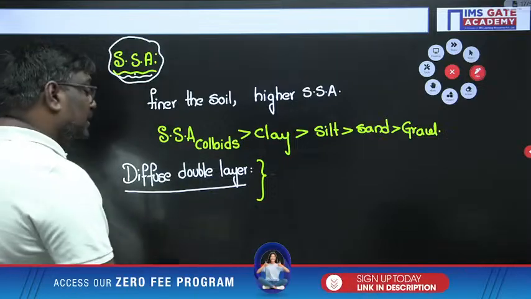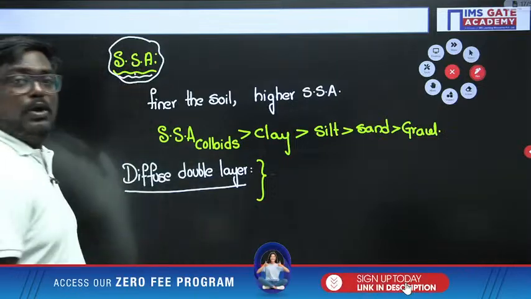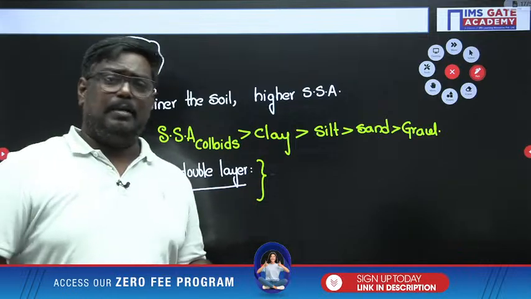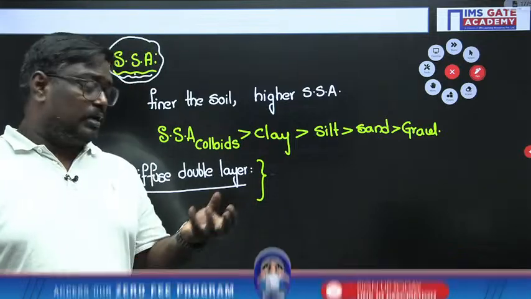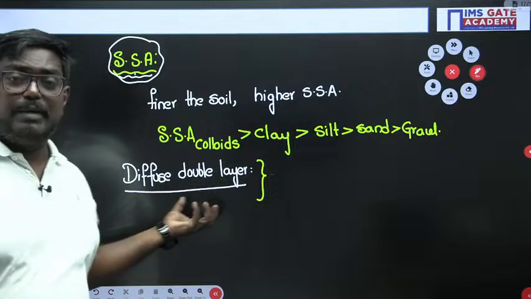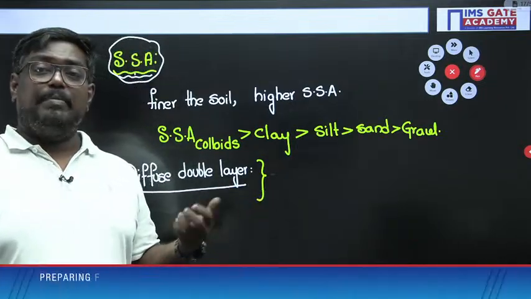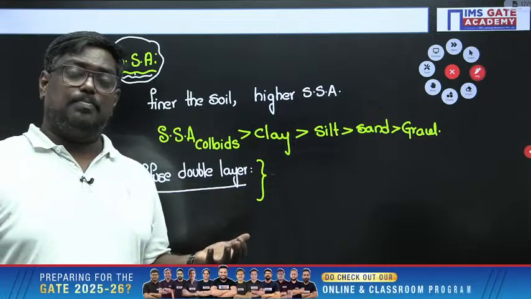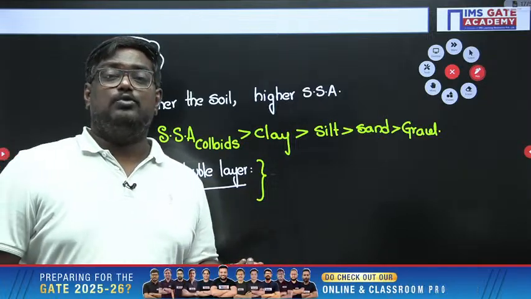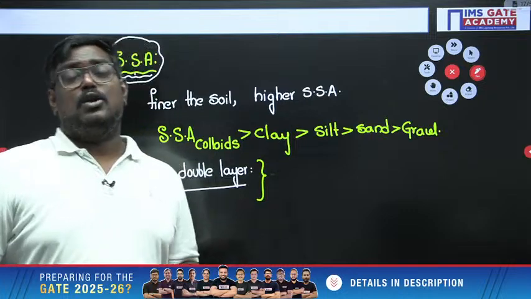The water which is held in this zone of the diffuse double layer we call adsorbed water. Because adsorbed water will cause plasticity, you have to replace that adsorbed water with kerosene, which is a non-polar liquid.